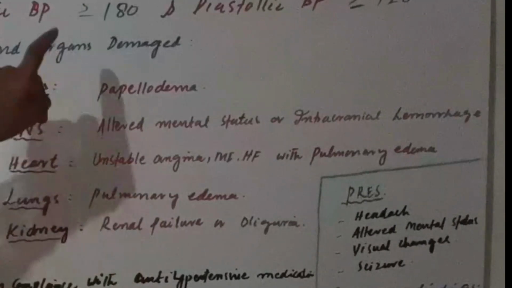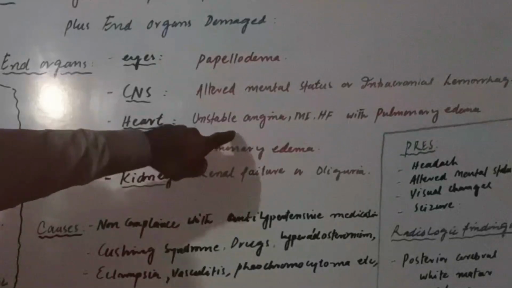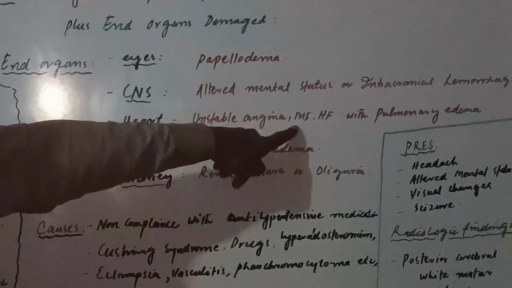In the heart, there may be unstable injury due to elevated blood pressure, and there may be MI, and there may be heart failure with pulmonary edema. In the lungs, there will be pulmonary edema. In the kidney, there will be renal failure or oliguria. So these are the end-organs and these are the damage in the end-organs.